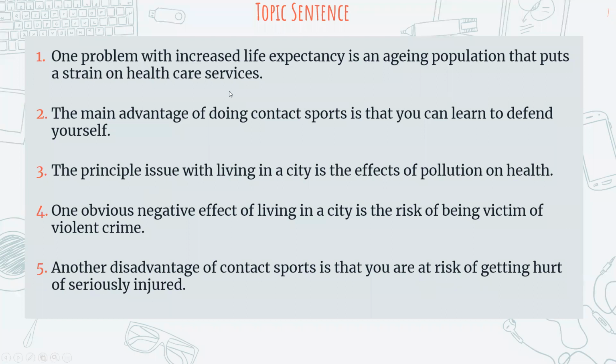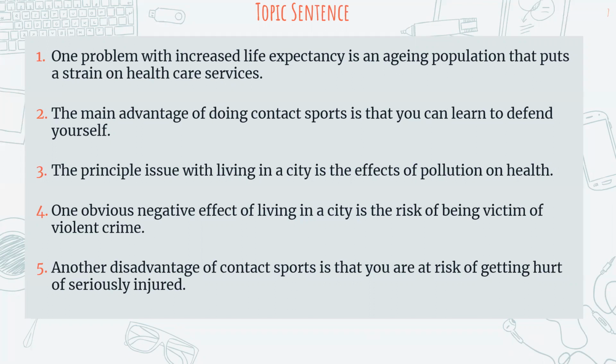Here we have 5 possible topic sentences for 5 different paragraphs. 1, one problem with increased life expectancy is an aging population that puts a strain on healthcare services. I want you to think about the possible supporting sentences. Do this on your own as an exercise. Practice writing supporting sentences for this topic sentence. What could be the following sentences?